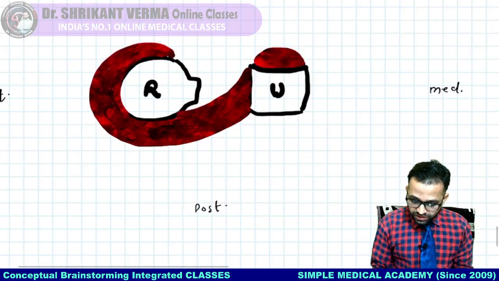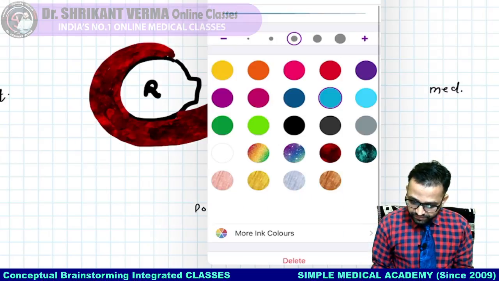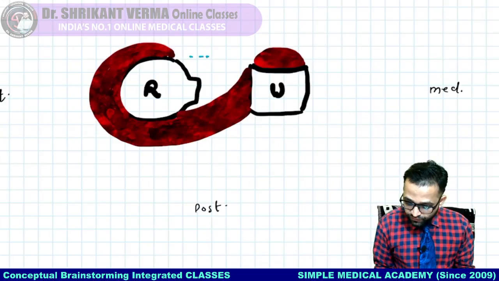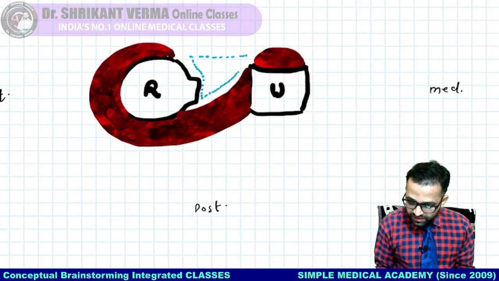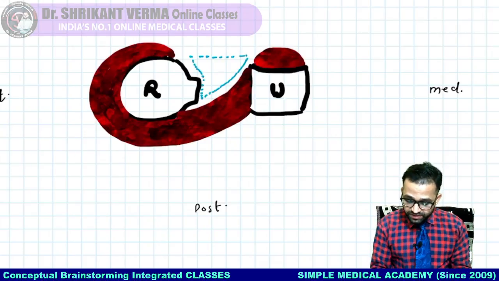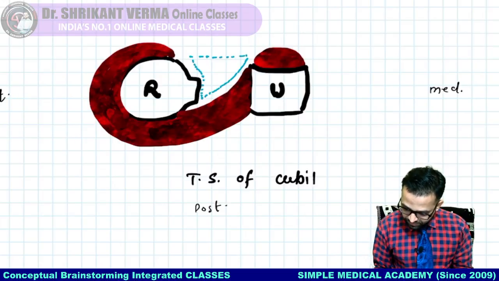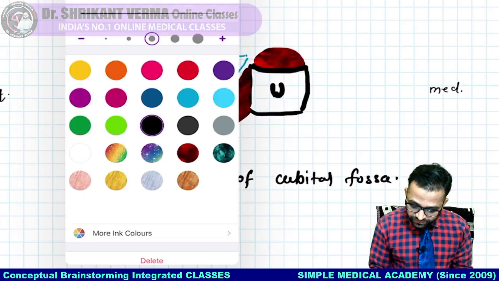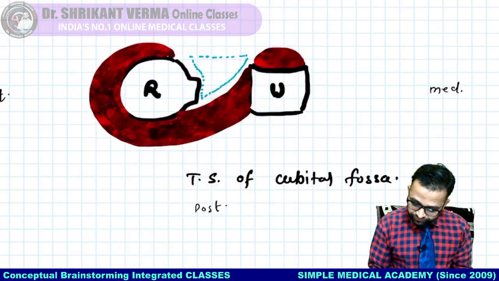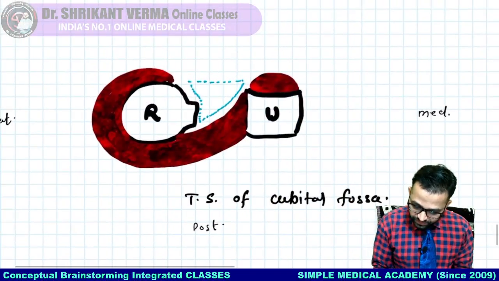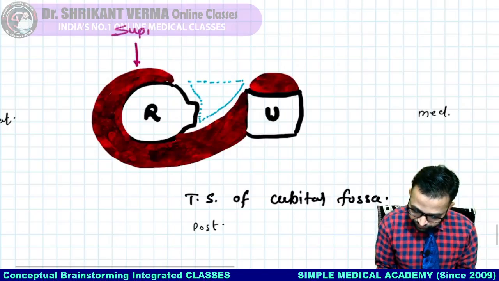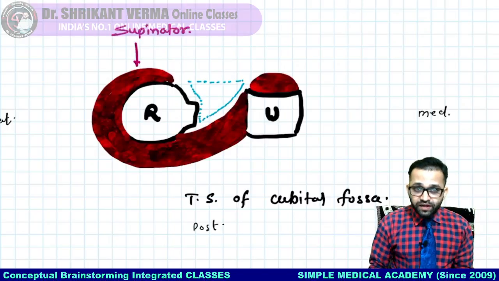Fine, so just try to understand this triangular fossa just in front of this radius and ulna is our cubital fossa. Remember, this is our transverse section. What muscles are visible? These are our supinator.